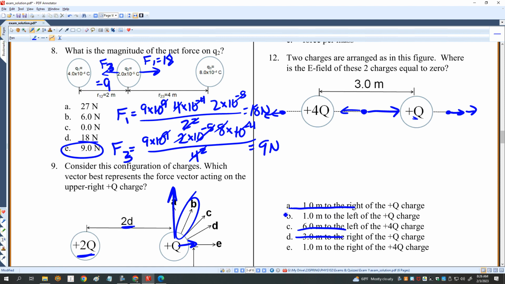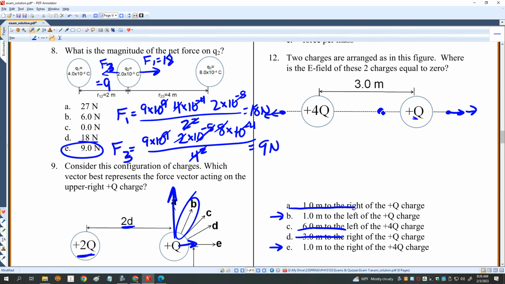It has to be either B or E. Now, remember how we were talking about how in those cases, you want to get as far away from the big charge as possible. So I'm going to venture a guess that it has to be right here.